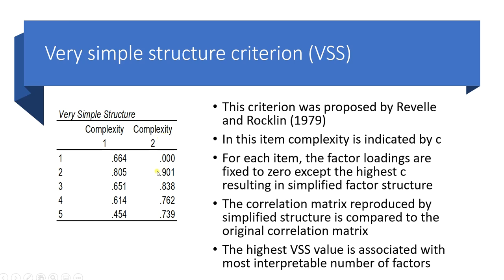When complexity is 2, again 0.901, this is the highest value. So even for complexity 2, the VSS criterion is suggesting to retain two factors. So VSS is one good method, but it has a limitation that this criterion cannot be used for a factorially complex solution. So very high complexity is not allowed in this method.